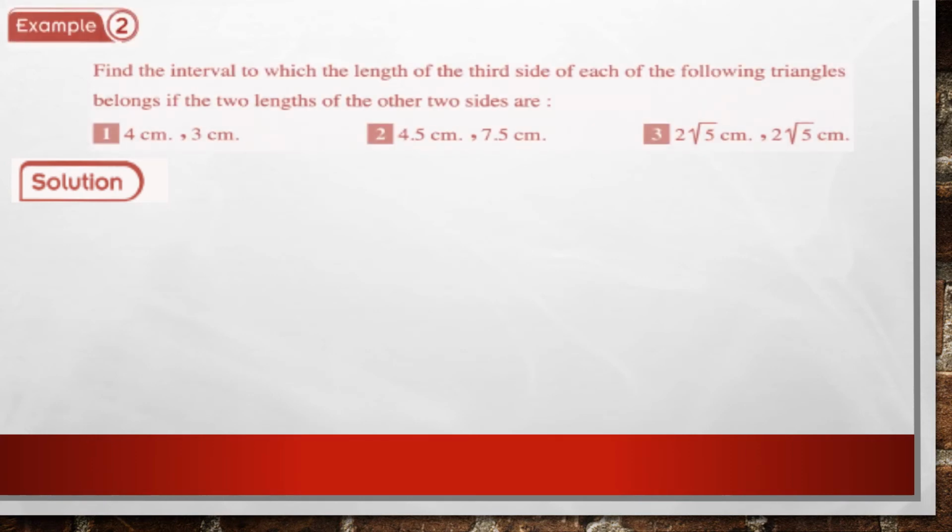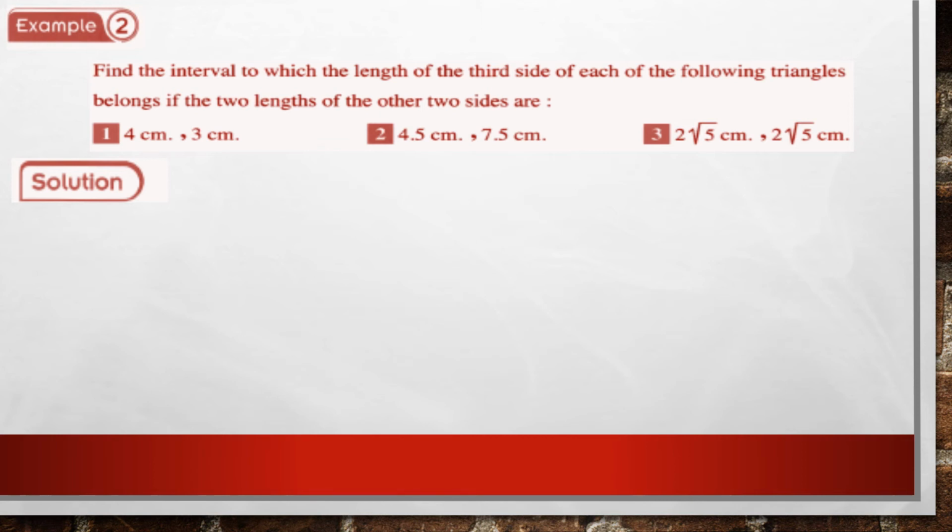Let's take an example about this part. Example 2: find the intervals to which the length of the third side of each of the following triangles belongs, if the lengths of the other two sides are 4 and 3.